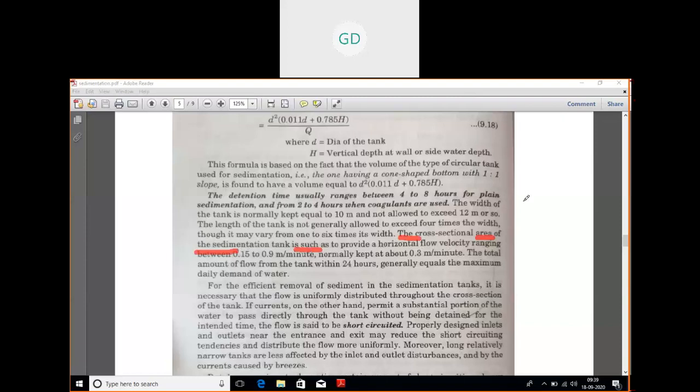The horizontal flow velocity ranges between 0.15 to 0.9 meter per minute, and normally it is kept at about 0.3 meter per minute. Write down this line.